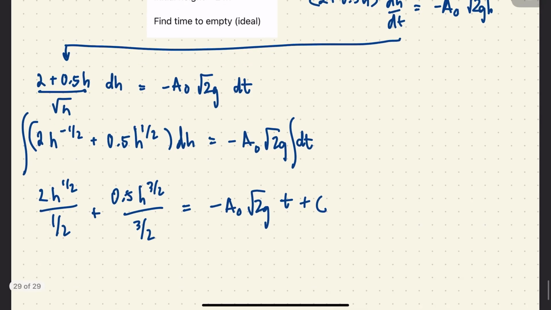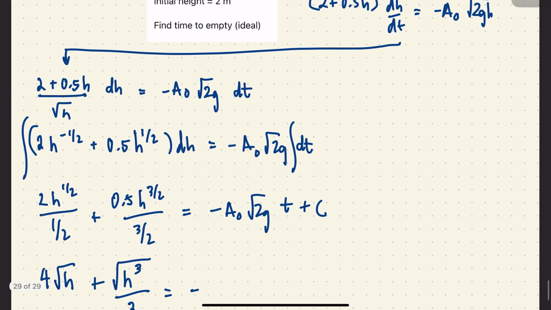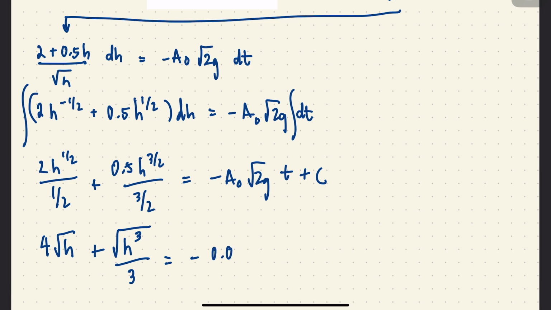To simplify, this will just become 4 square root of h, and then 2 times 0.5 is just 1, so it becomes square root of h cubed over 3 is equal to negative A sub o, your area of the orifice, 0.002, then square root of 2 times 9.8, t plus c.